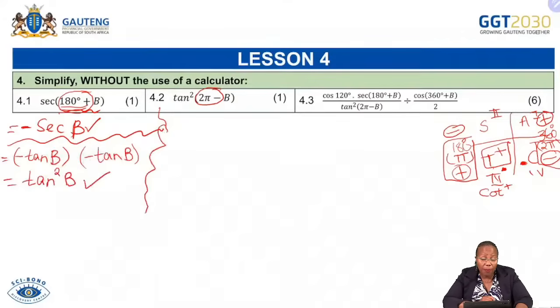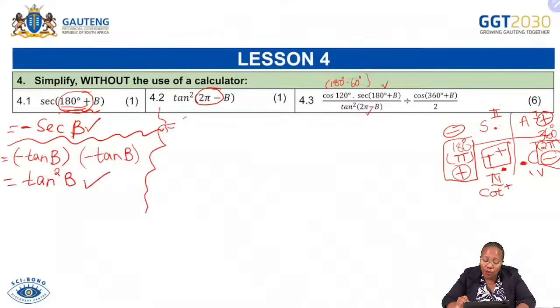And then now 4.3, the hence question, because we will be applying what we have in 4.1 and what we have in 4.2 there. And then now we are having a cos of 120. Remember, 120 is the same as the reduction 180 minus. That is quadrant 2. How much must I subtract now to get 120? 60 degrees. Okay. And then now let's go cos. That is 180 minus, quadrant 2.